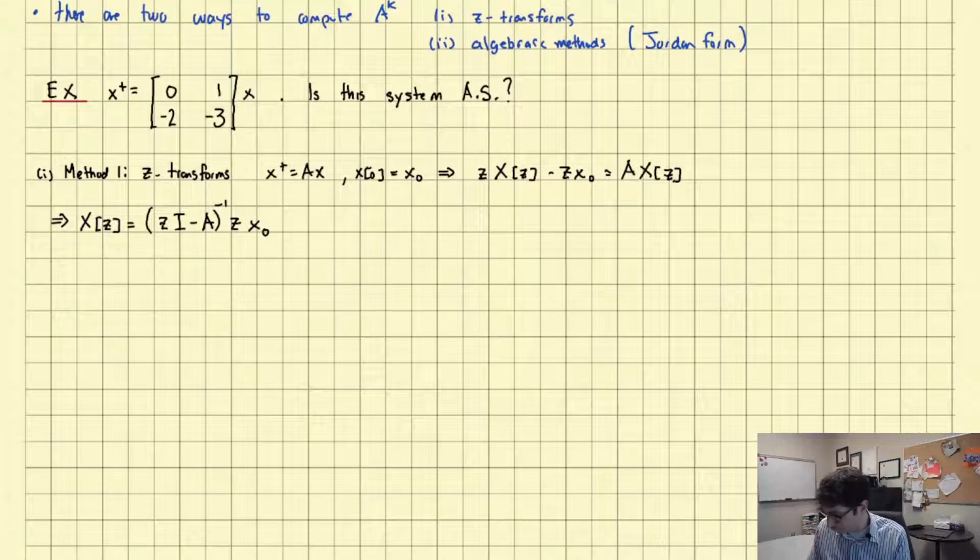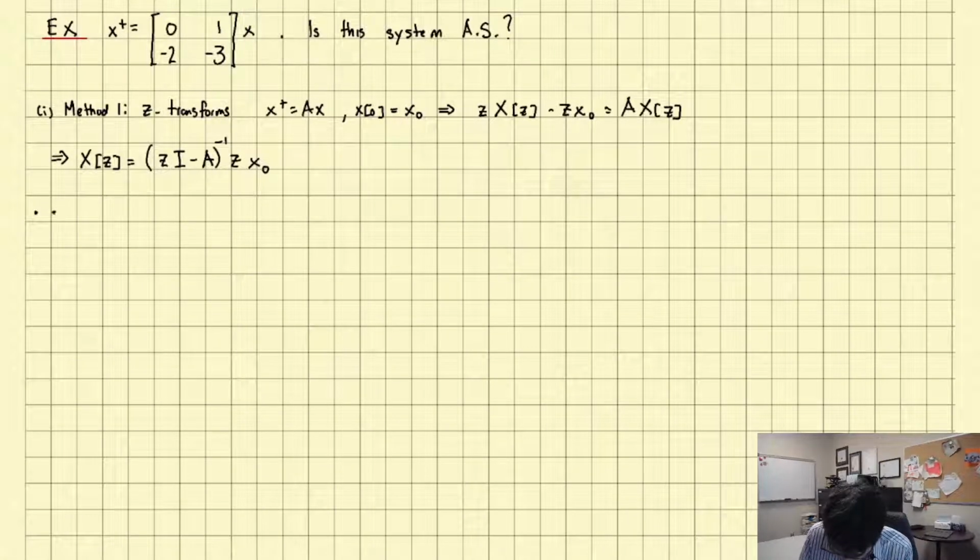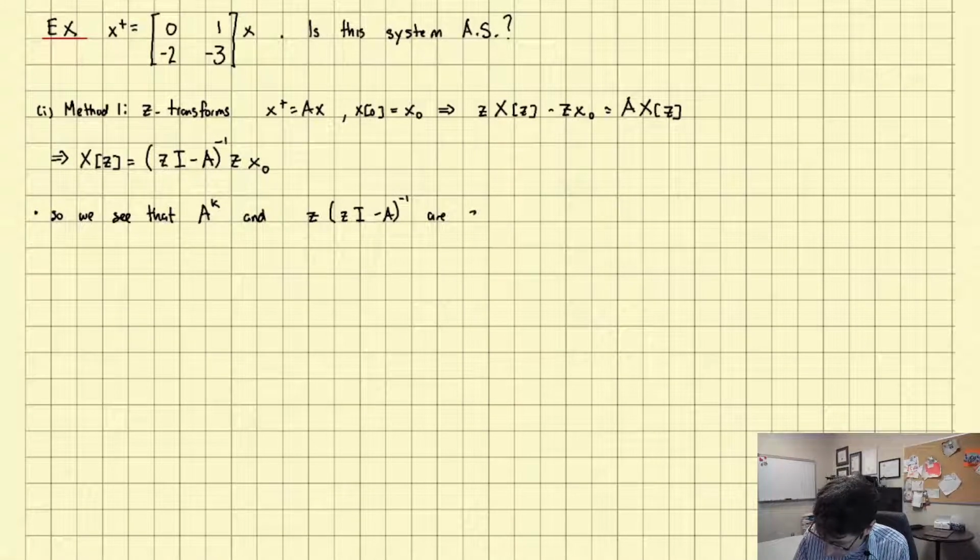This guy here. Okay? And so what we see from this expression, going back to the time domain, is that the state transition matrix A to the k and Z times (zI minus A) inverse are Z transform pairs.